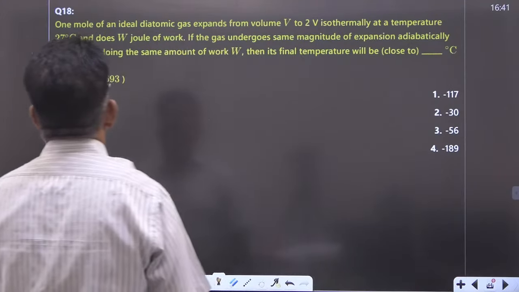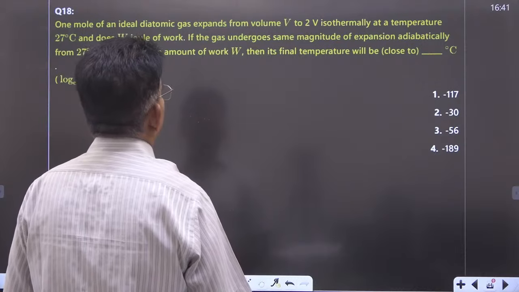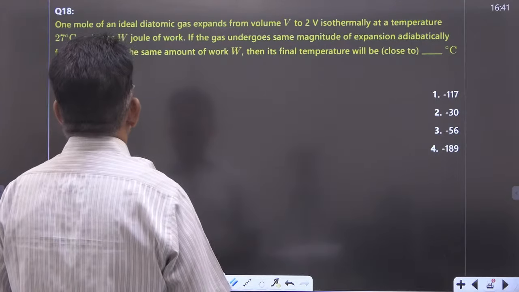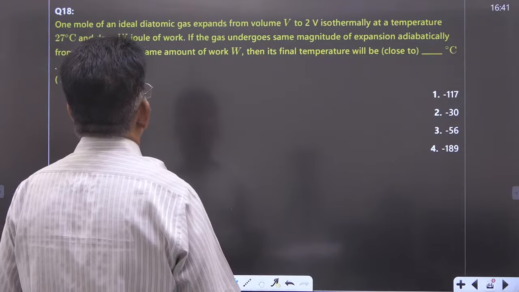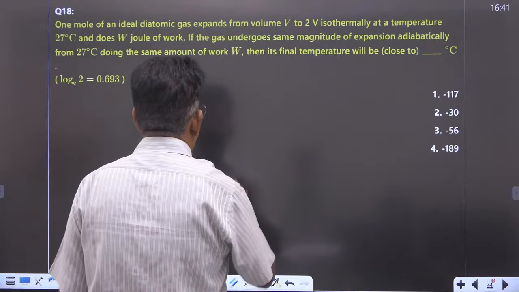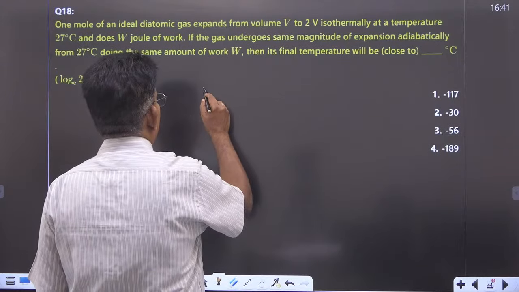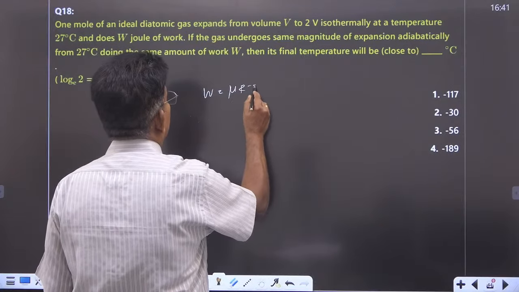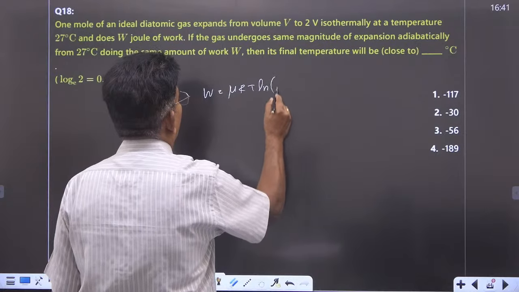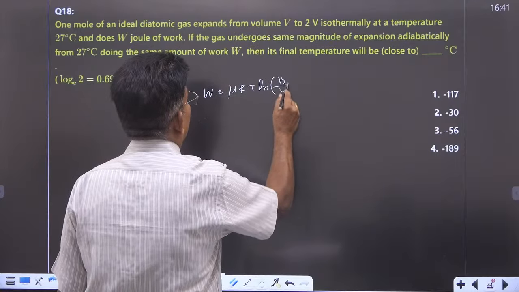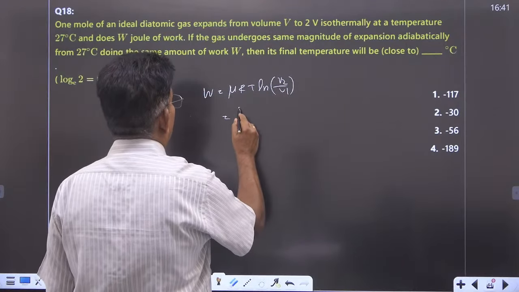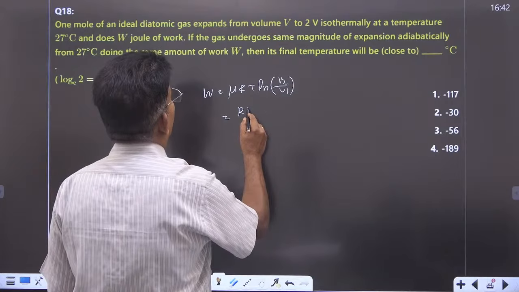18th question. 1 mole of an ideal diatomic gas expands from V to 2V isothermally at a temperature of 27 degrees. Work done. So first case, isothermal expansion. We have the formula for work done. What is the formula? mu RT log of V2 by V1. How many moles? 1 mole. R, let it be R. And T is how much?